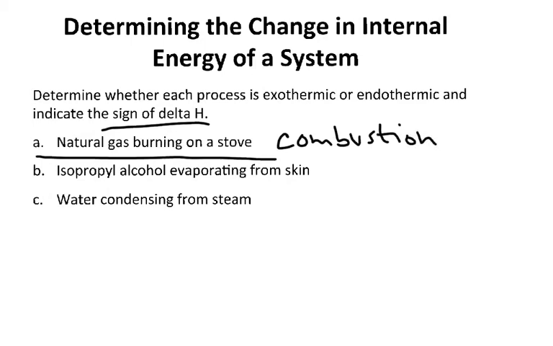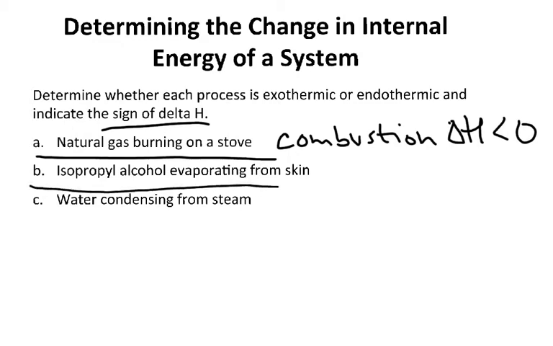So in a combustion reaction, heat is going to be released. If heat is released, then delta H is less than zero. So that sign is going to be negative, and this is going to be an exothermic reaction. The system is releasing heat to the surroundings.